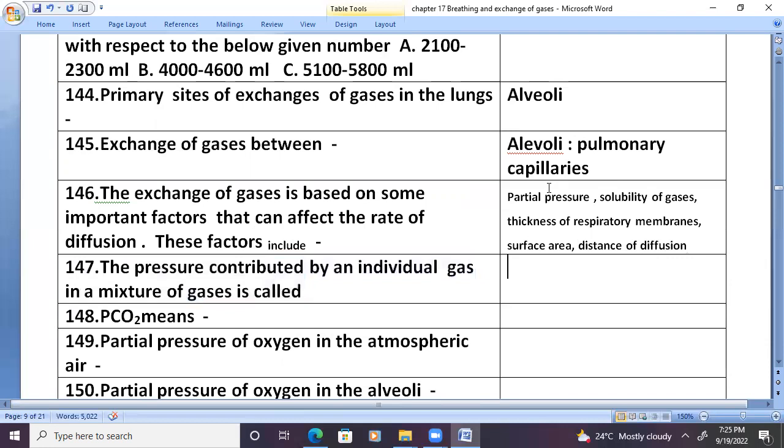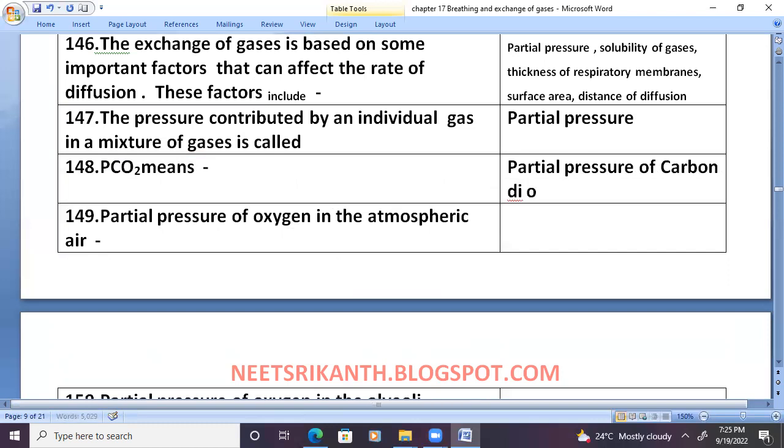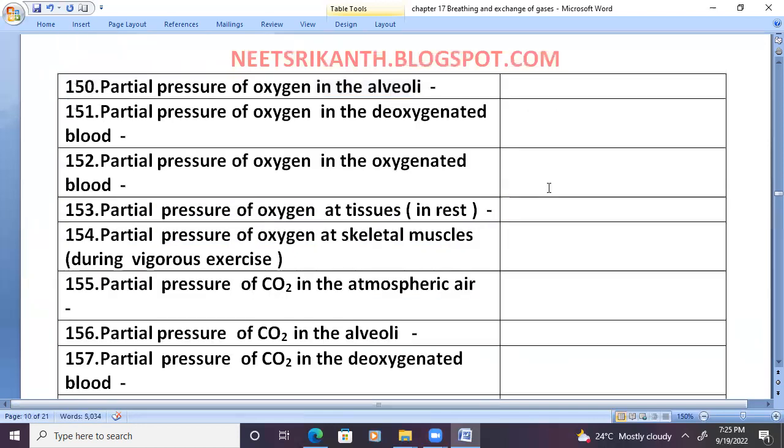The pressure contributed by an individual gas in a mixture of gases is called partial pressure. PCO2 means partial pressure of carbon dioxide. Partial pressure of oxygen in the atmospheric air is 159 mm of Hg.